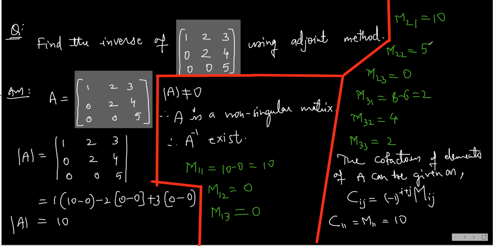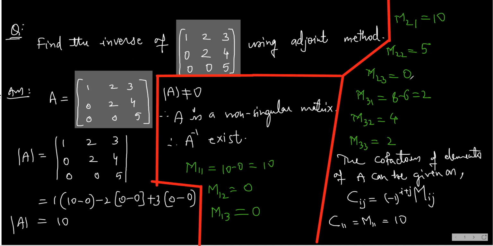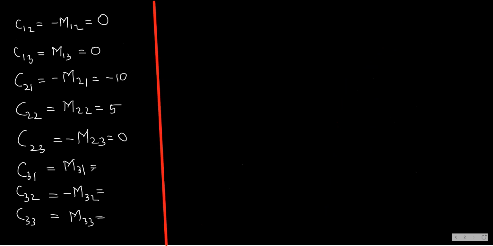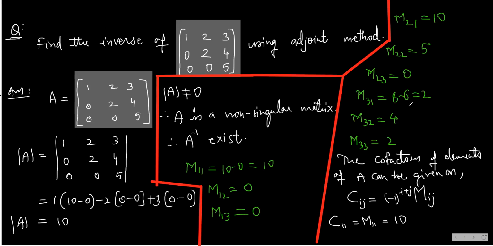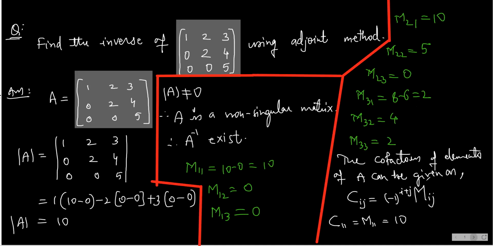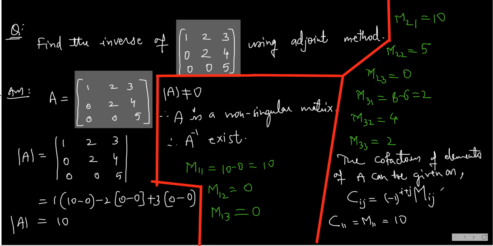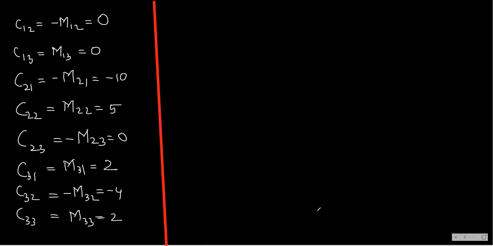M21 is 10 and this is 5, so here you have negative 10 and this has 5. M23 is 0, so it will remain 0. And M31 is 2, so this will remain 2. M32 is 4, so it is negative 4. And M33 is 2, so it will remain 2.